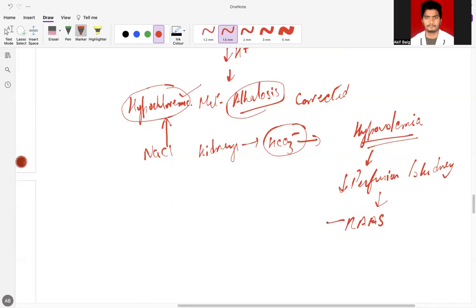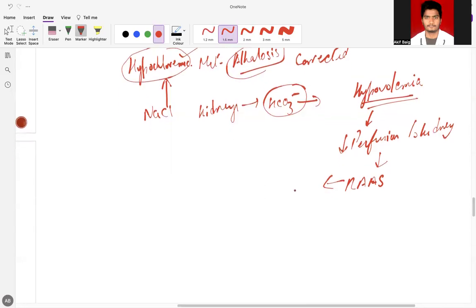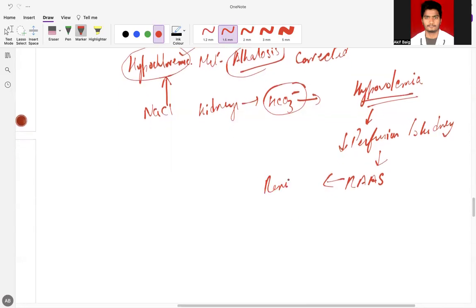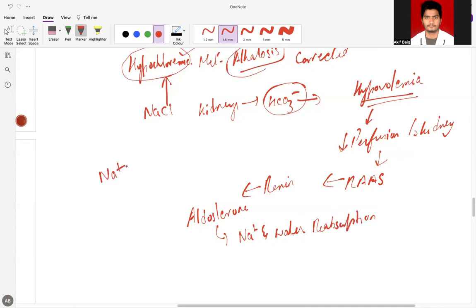So increased renin will be released, and the end product will be aldosterone. Aldosterone causes increased sodium and water reabsorption. Also, this aldosterone acts at the sodium plus H plus channel.